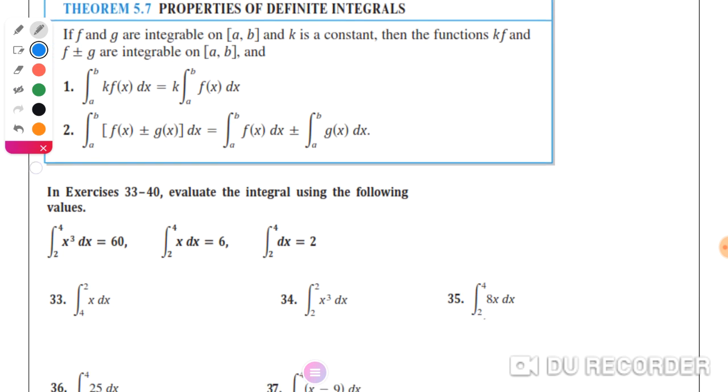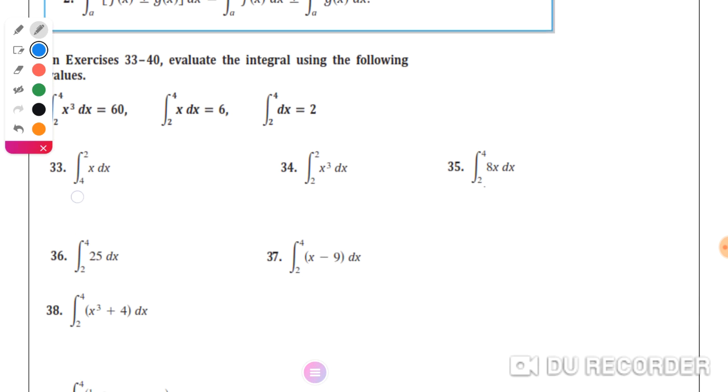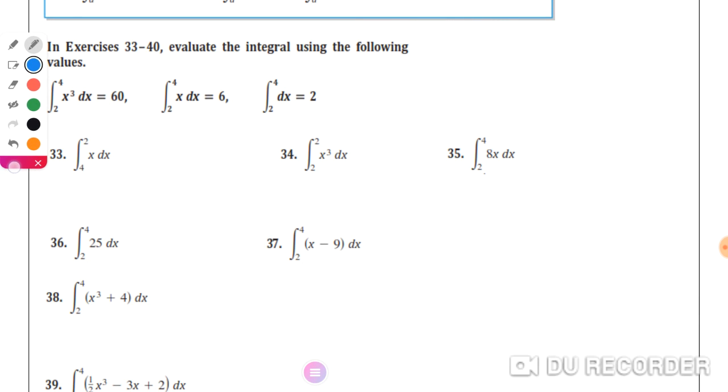Let's see how we apply these properties to find the value of any given definite integral. Look here. From exercise 33 to 40, these exercises from your textbook, evaluate the integral using the following values.